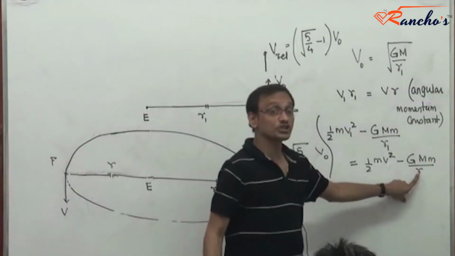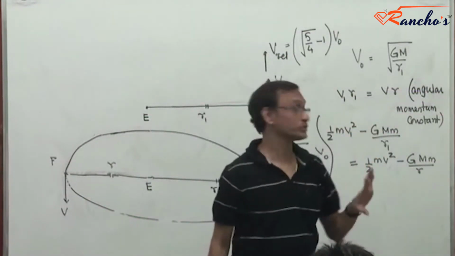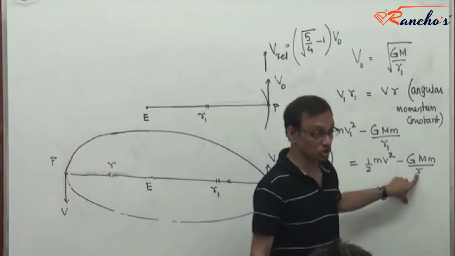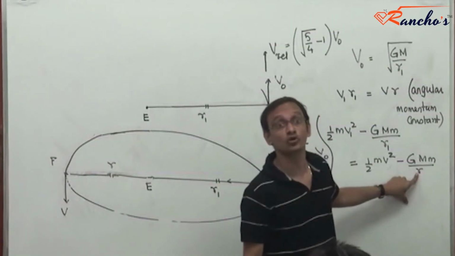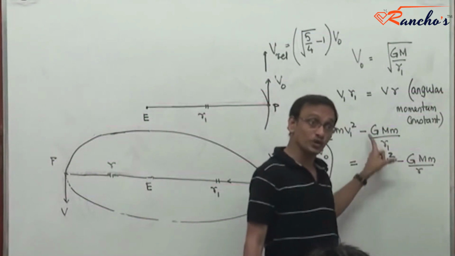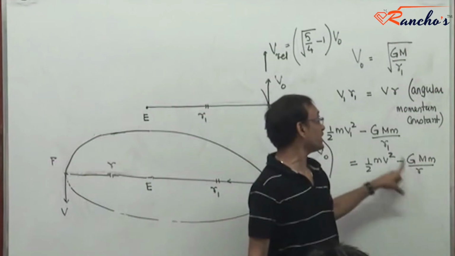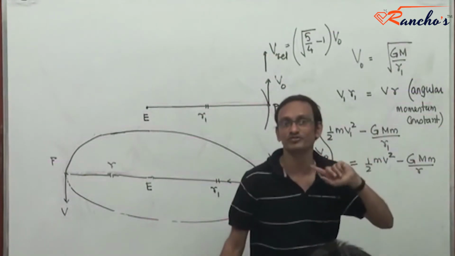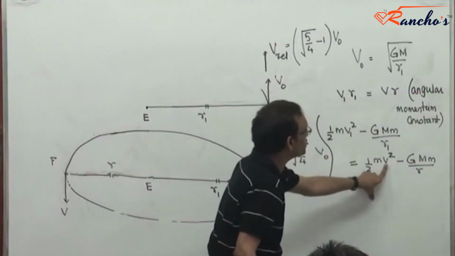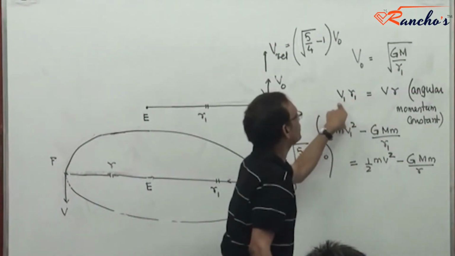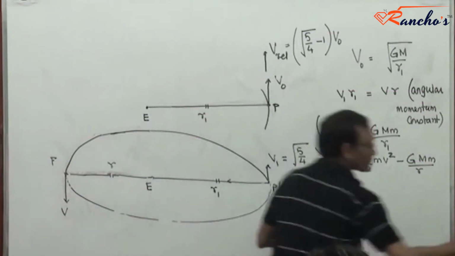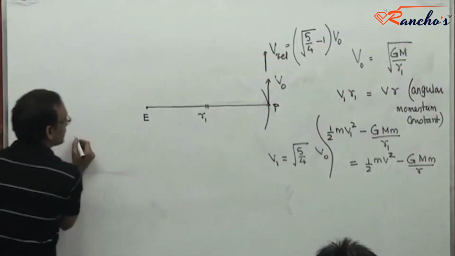When you solve for this r, it will actually have two values, because this condition would be true when r is the r corresponding to the closest point as well as the r corresponding to the farthest point. So when you solve this equation, one of the values of r that you're going to get would be r1. You'll have a quadratic in r, because this v could be written as v1 r1 by r. I don't need to solve this equation blindly.